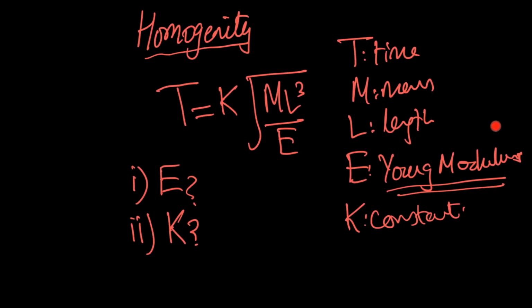Whenever you find a quantity which you already know, you should know this quantity from your AS lectures. E, Young modulus, has a formula, and that formula is stress over strain. So the formula of E, sorry, is stress over strain.